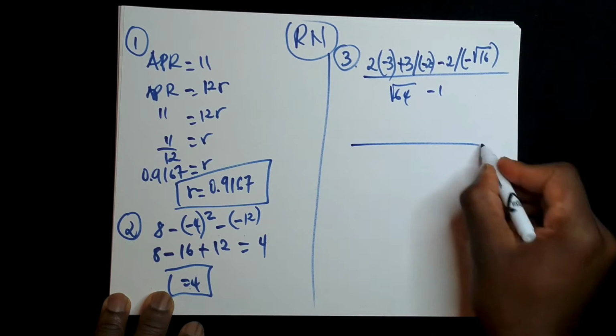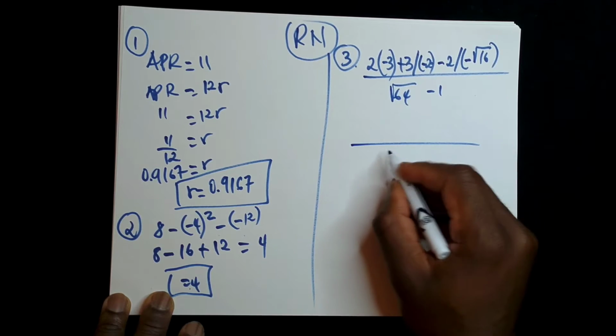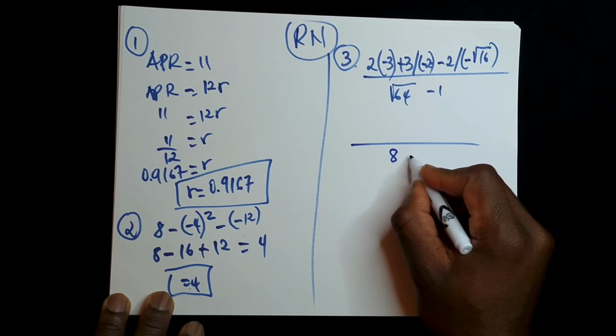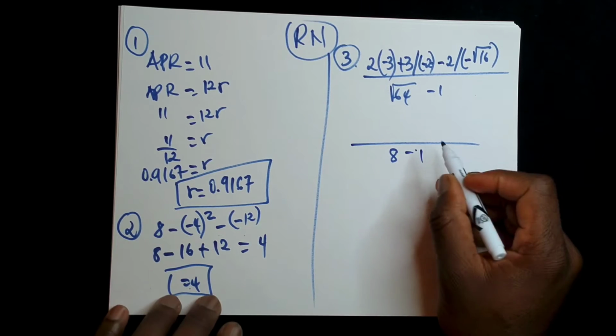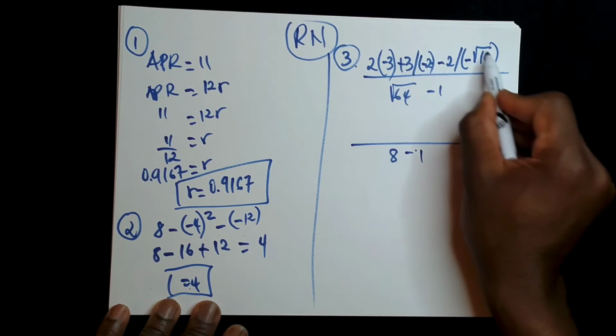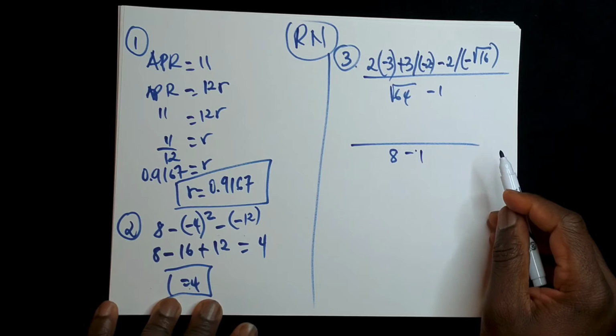So we know the bottom, square root of 64, is 8, and 8 minus 1 gives us 7. And on the top, we're just going to be working with whatever is the fraction.